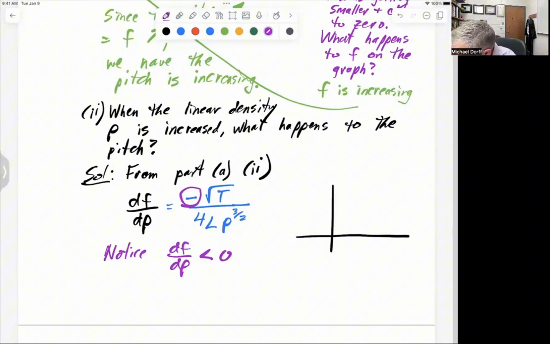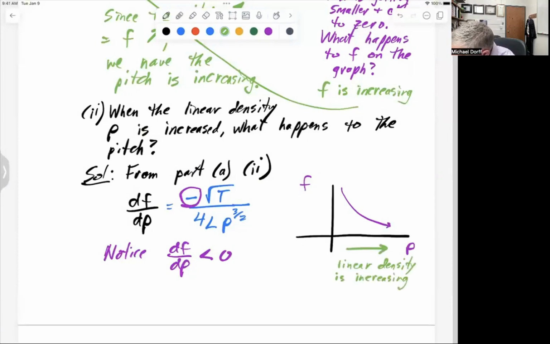So my function again is decreasing. Now though, this is my rho, my linear density, and this here is my frequency. And the question asks if the linear density is increasing. So that means I'm going to the right on my graph, going this way.